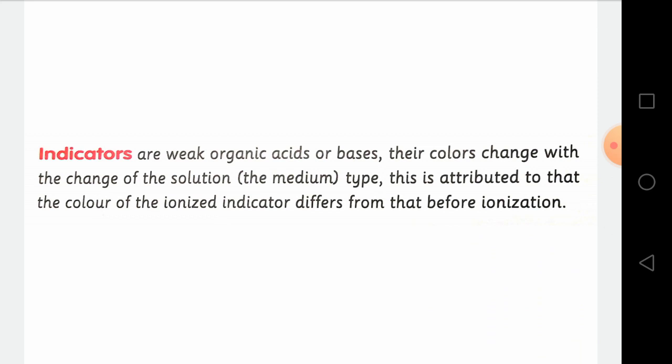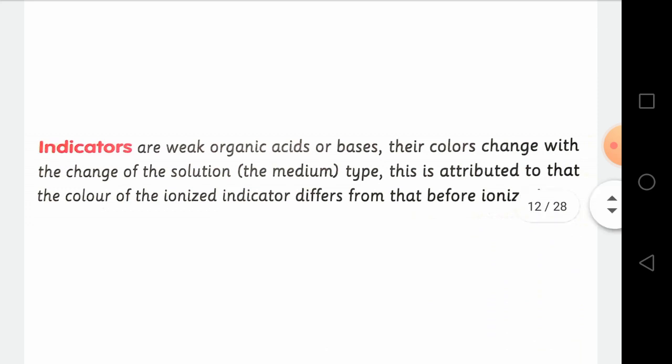This is attributed to the fact that the color of the ionized indicator differs from that before ionization. So indicators depend on the change of their color according to the type of solution.